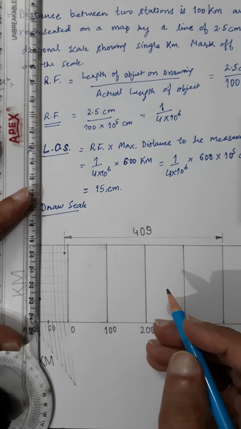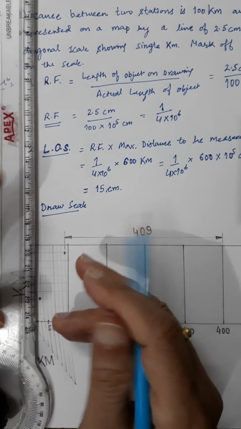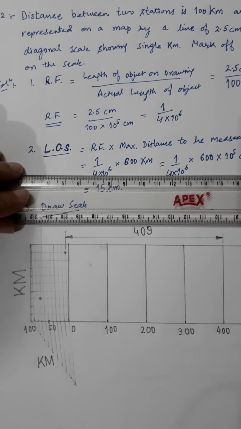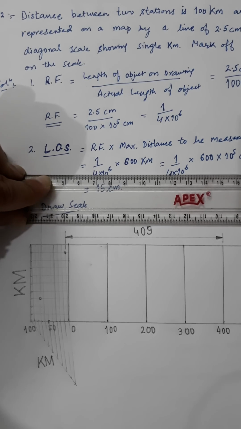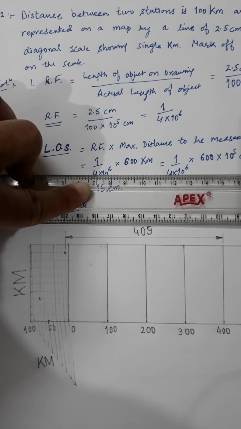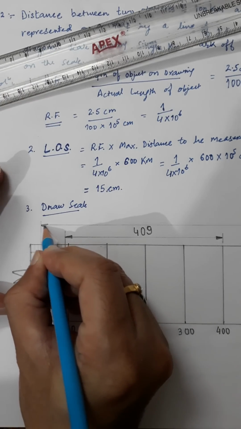Now you can draw the vertical extension line from here, and then you can draw the dimension line in between these two extension lines. Okay, now you can draw the arrowheads.